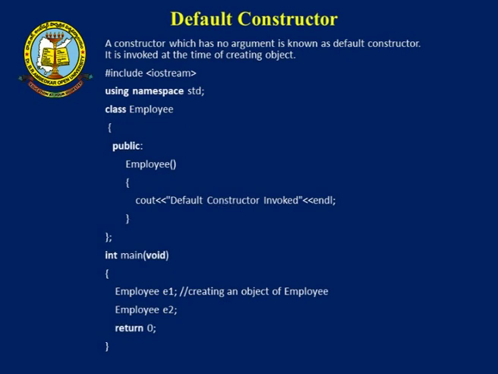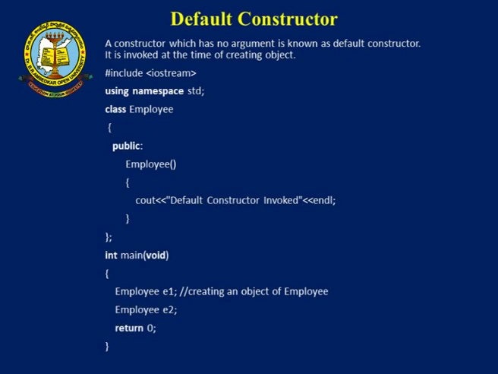My class name is employee, that's why I am giving my constructor name as employee. In employee I am printing using the cout function, default constructor invoked. After that I am giving endl in the cout.